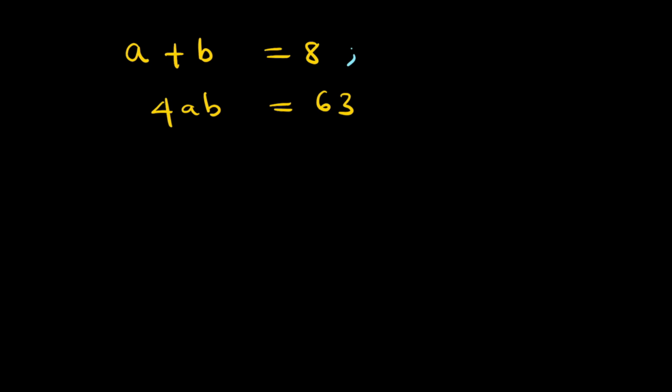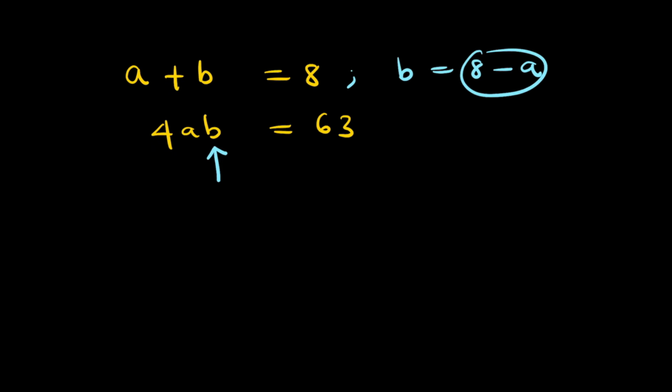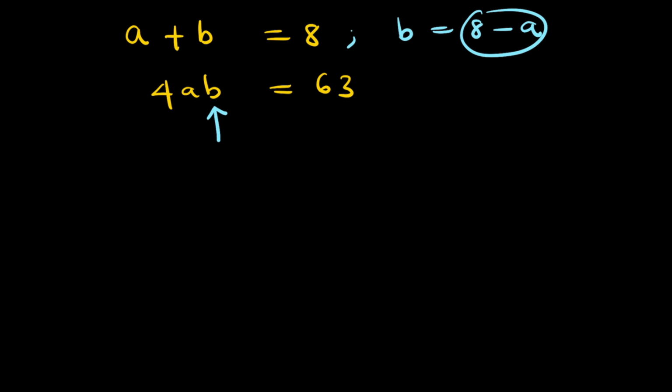From the first one here, I can make B the subject of the formula, giving us 8 minus A for the value of B, and then I can come here and substitute 8 minus A into the second equation. That gives me 4A into 8 minus A is equal to 63.